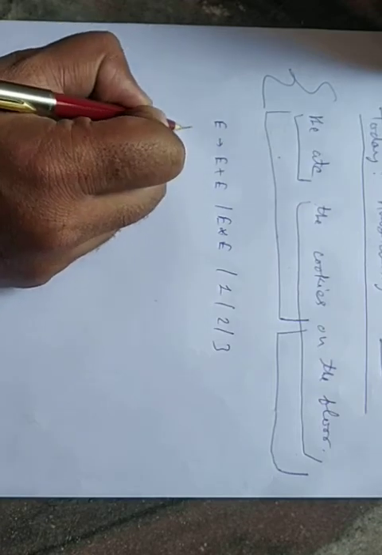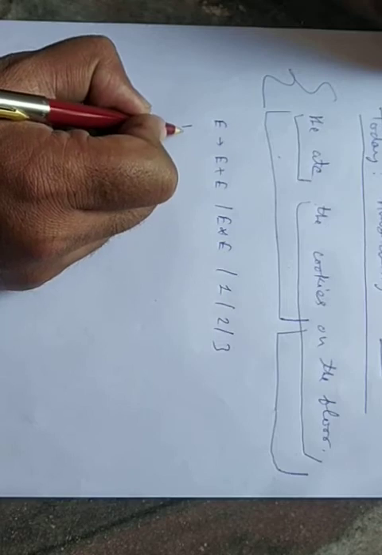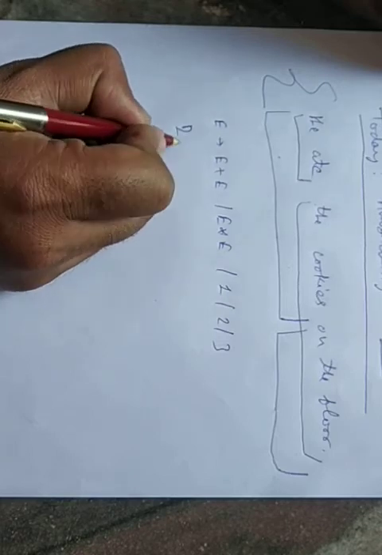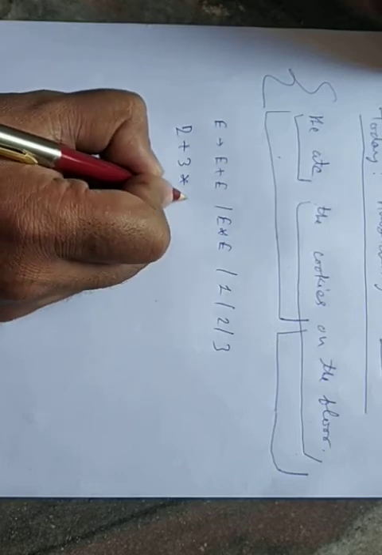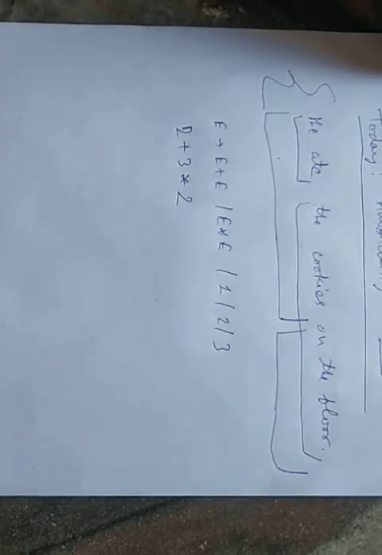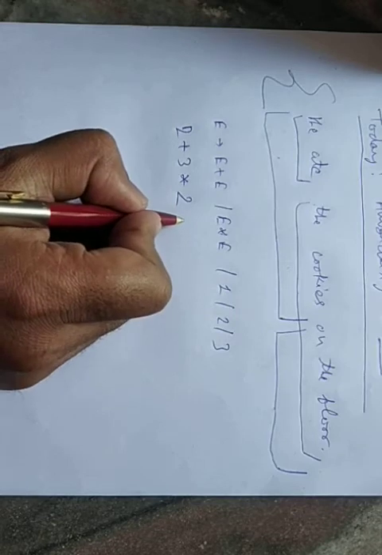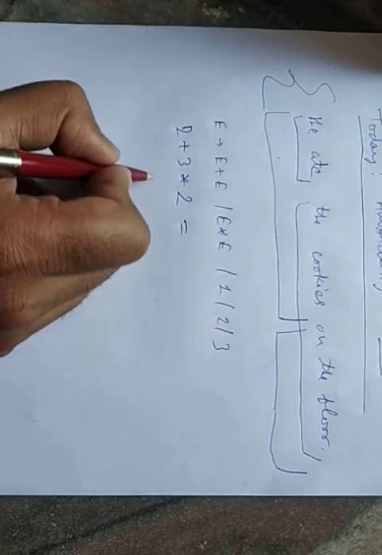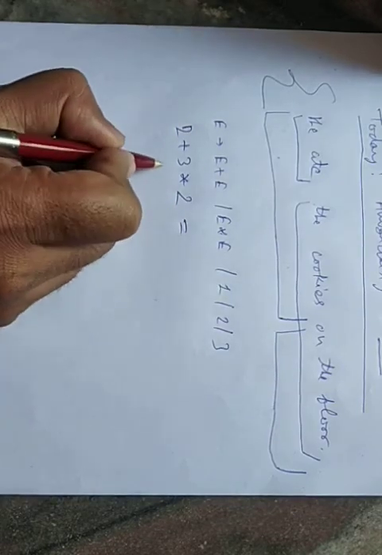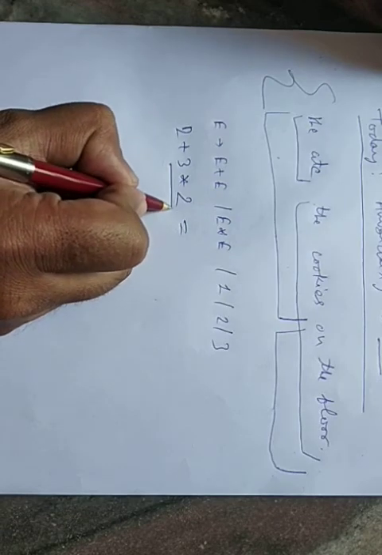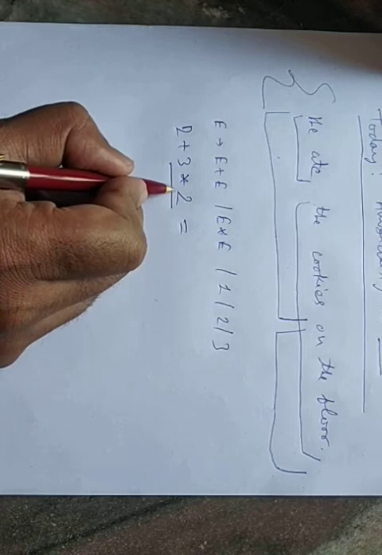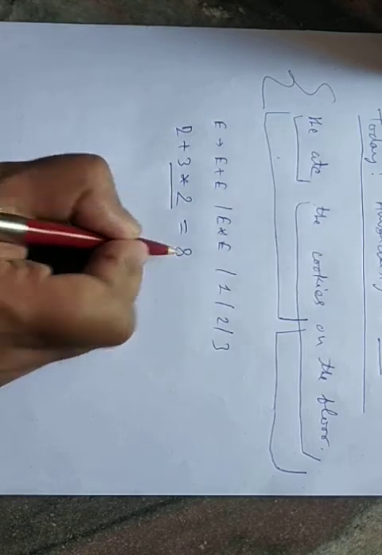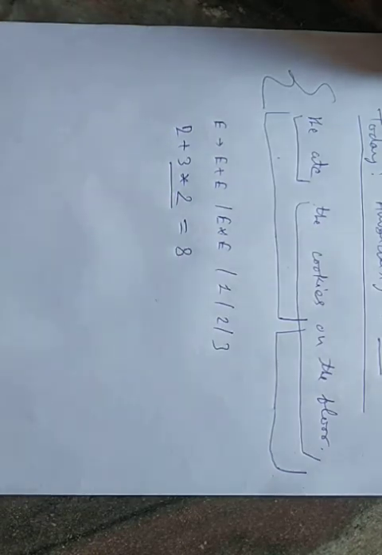Suppose I have taken the string 2 plus 3 into 2. Now, as per our rule, what we do first is 3 into 2, that will be 6, plus 2, 8. So the answer is 8.